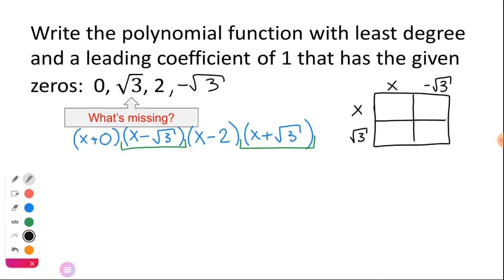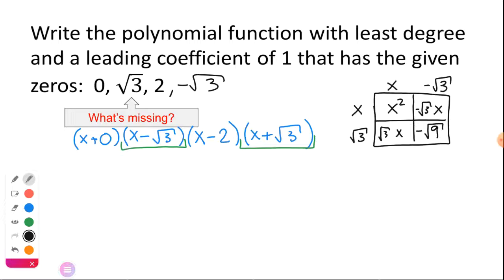Just some quick multiplications. x times x is x squared. x times negative square root of 3 is negative square root of 3x. Positive square root of 3 times x is positive square root of 3x. And square root of 3 times negative square root of 3 is negative square root of 9.